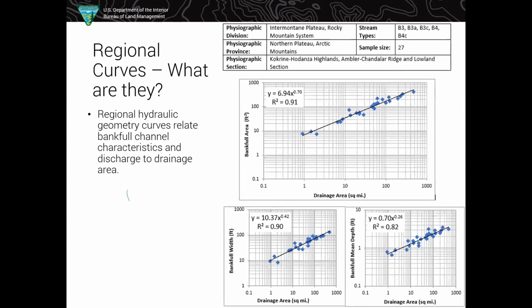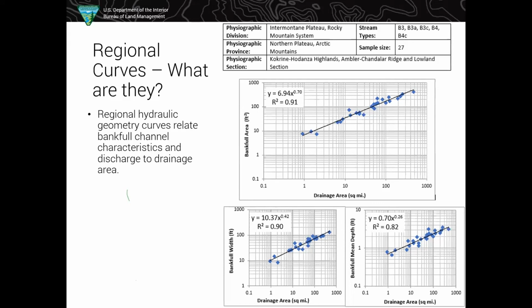And so what you see as drainage, and this is consistent across all regional curves, as drainage area increases, the bankful area, width, and depth also increase. But the important thing is regionally, the vertical height of that line and the slope of that line are different. Changes in the coefficient shift that line vertically, while the exponent of that power equation that's listed here describes the slope of the line.